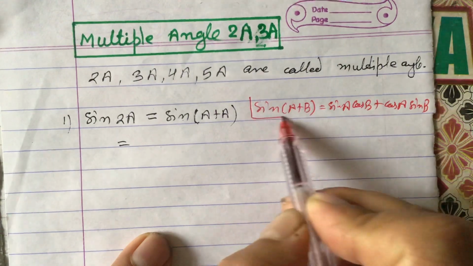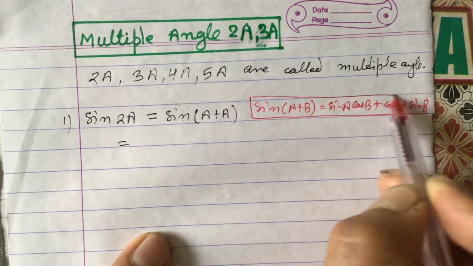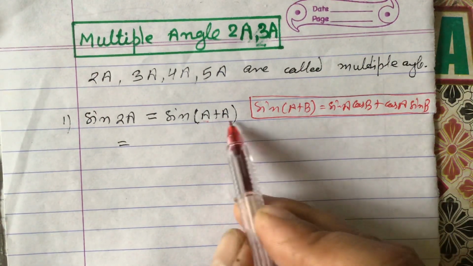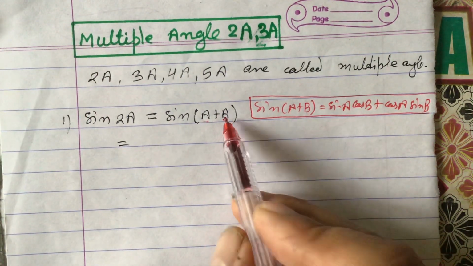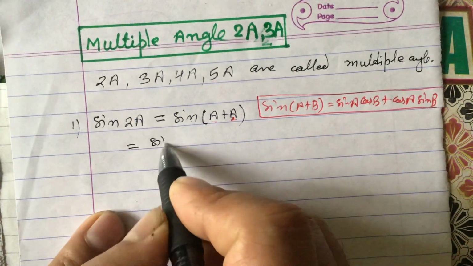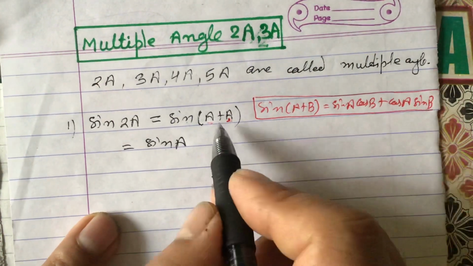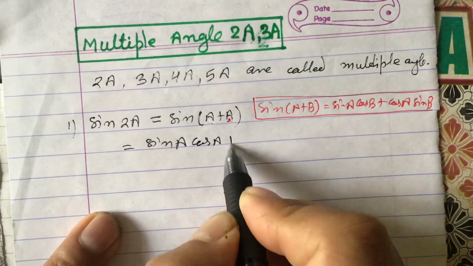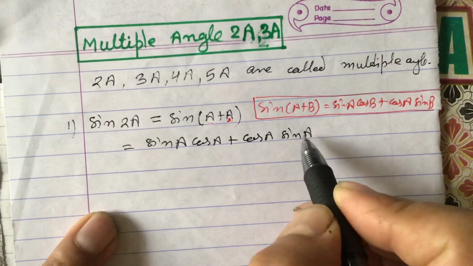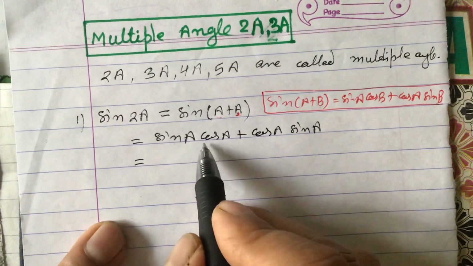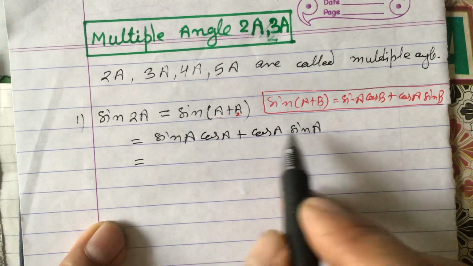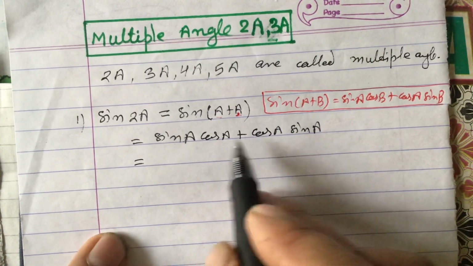So, just replace A by A and B also by A here. In place of A there is A, and in place of B there is again A. So, if you replace, you will get sine A cos A plus cos A sine A. Now look here, these two are like terms, sine A cos A and sine A cos A, so we can add these two.